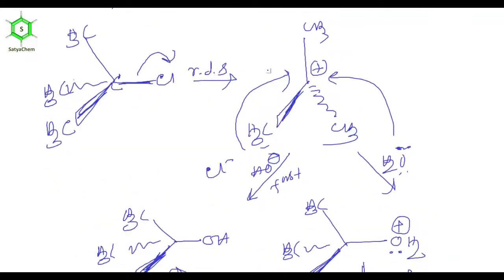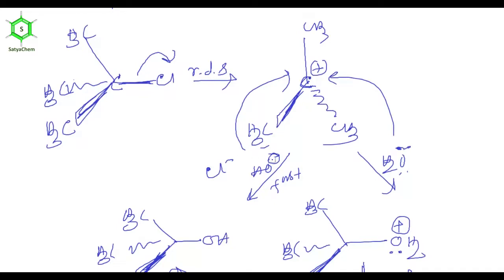So here this carbon center is electrophilic, so it is attracted towards an electron rich species, and the electron rich species is HO minus or H2O, because in H2O oxygen contains two lone pairs, so potentially it is a negatively charged species.